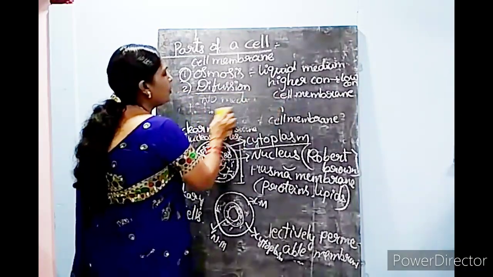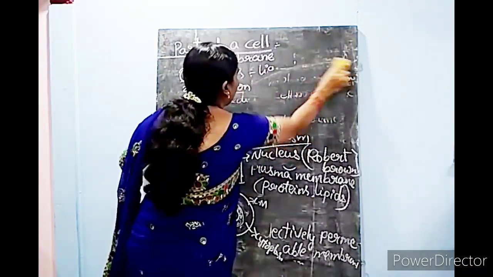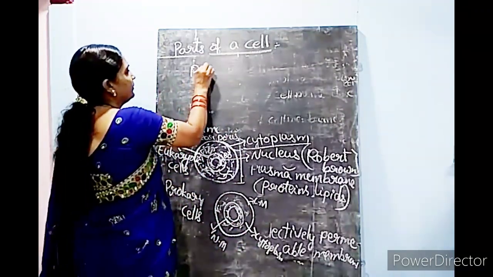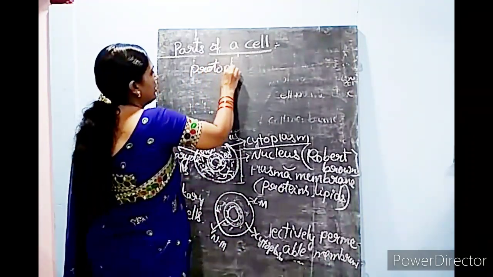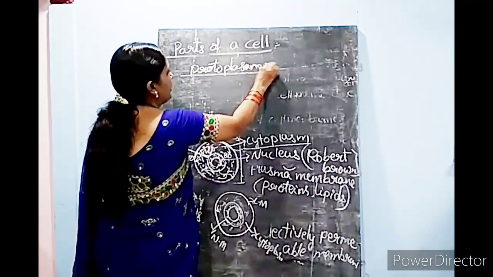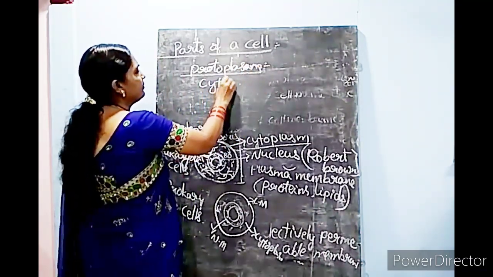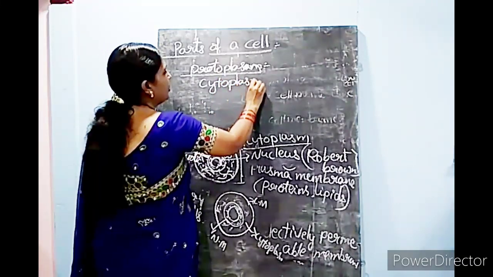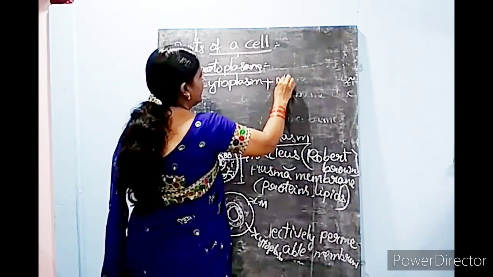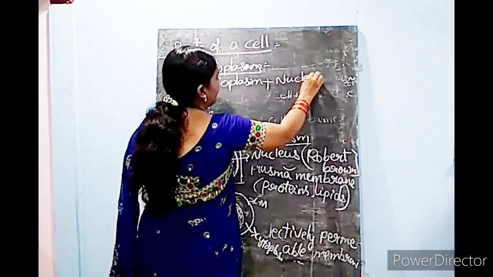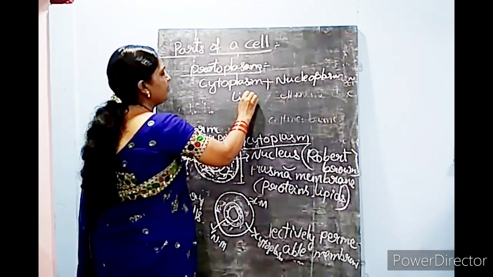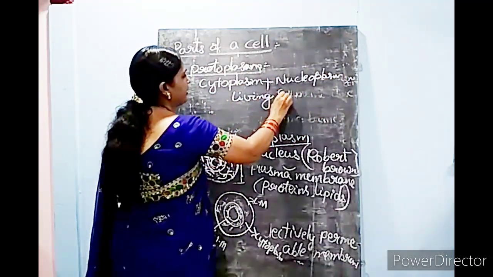So, understood now? What is the meaning of protoplasm? Protoplasm means cytoplasm plus nucleoplasm. Protoplasm is a living substance.